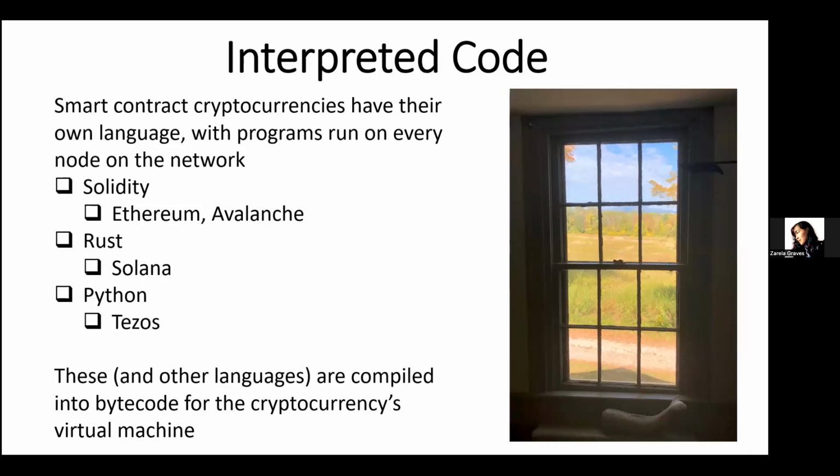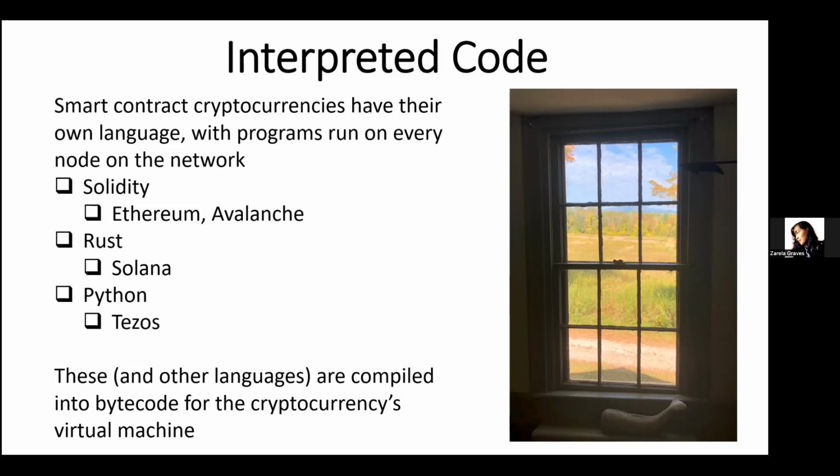But there's another really important programming layer in cryptocurrency, and that's the interpreted code that runs on top of the cryptocurrency. So some, like Ethereum, Avalanche, Solana, Tezos, you can put a program into that transaction. Remember we were talking about the transactions that move cryptocurrency.